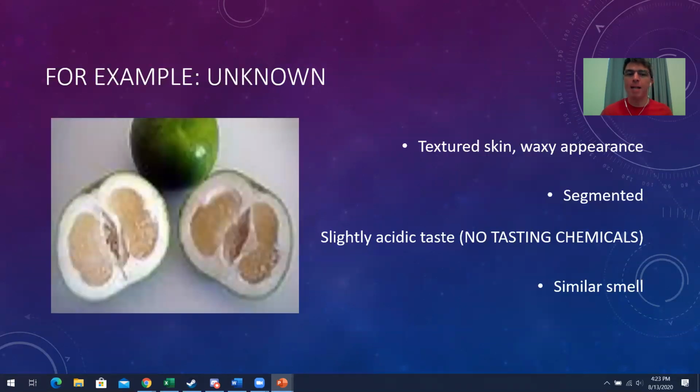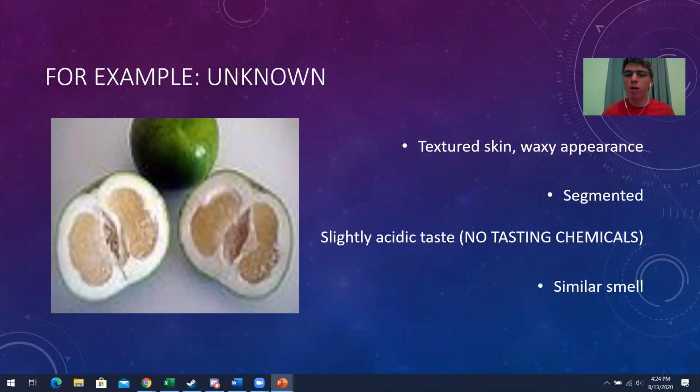If we were then handed an unknown fruit sample and told we needed to classify that, we could do the exact same thing. We look at it, notice it has a textured skin, has that same waxy appearance. We open it up, the fruit is segmented. Not in a lab setting, but if we were to taste it, it has a slightly acidic taste, and it has that same citrusy smell as our four known fruit samples did.